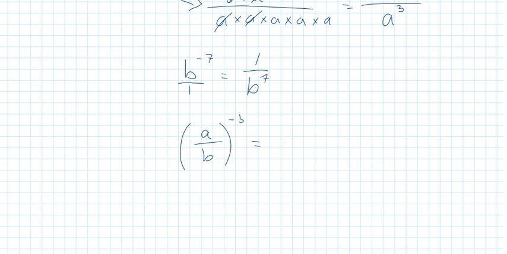It becomes b over a to the power of positive 3. Okay? So flip the base, make your exponent positive. So these are all the rules that we have for now that we should have learned in grade 11 for the exponent law.